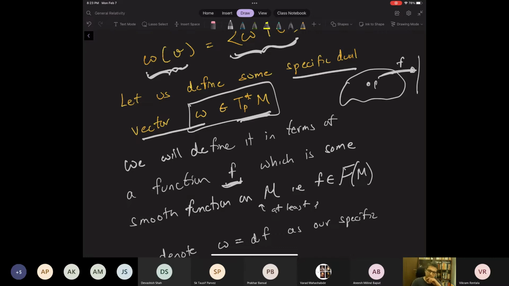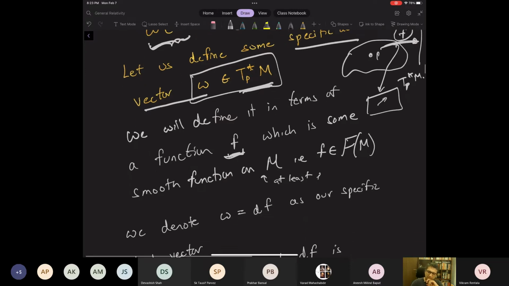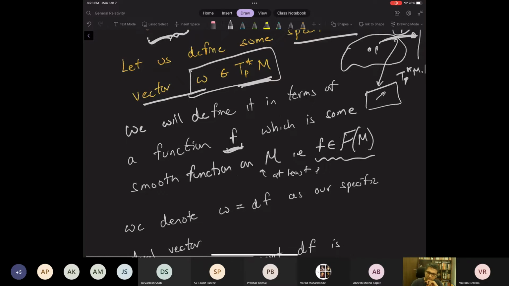Associated with this f, I will now define an element of TP star of M. Associated with this function f, we define a vector in the dual vector space, as long as this function belongs to smooth functions on the manifold. And this vector in the dual vector space, we will write as df.